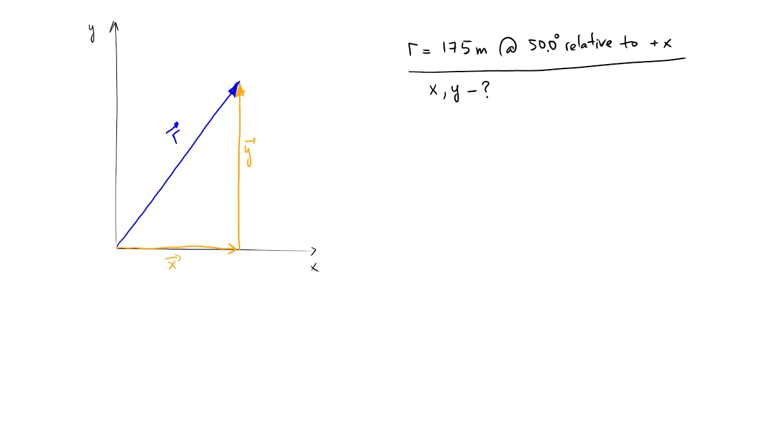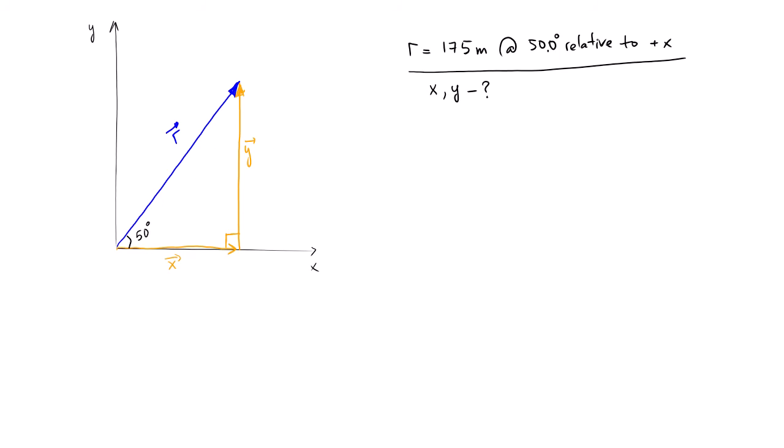We will base our solution on the fact that the triangle formed by the vector r and its components x and y is a right triangle, meaning I have a 90 degree angle in here. And we know this angle right here is 50 degrees.